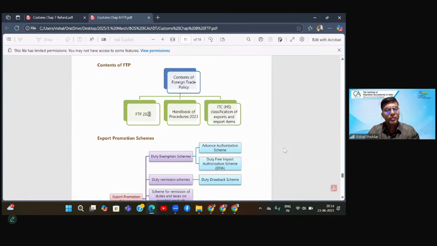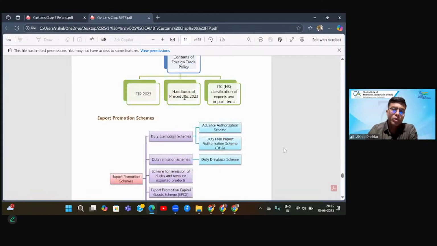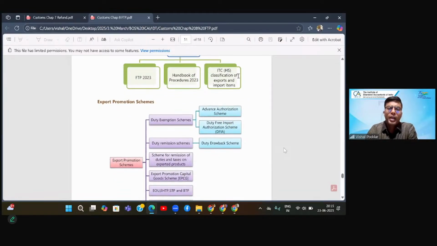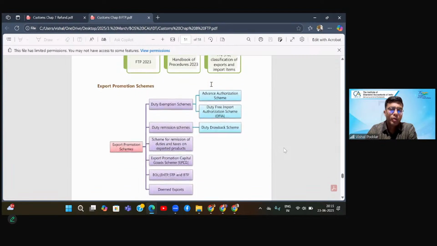First, you have the last announced foreign trade policy, which was in 2023. It was supposed to be revised in 24-25, but somehow it has not been revised. So we still have the FTP, that is foreign trade policy, last announced in 2023. Then you have the handbook of procedures and you have the ITCHS classification of import export items.